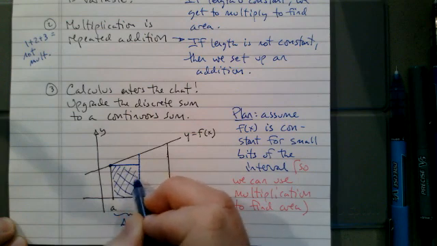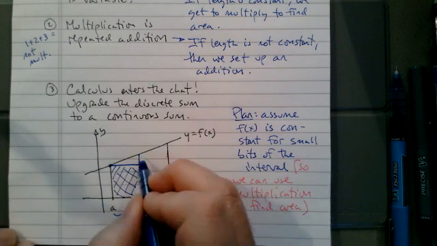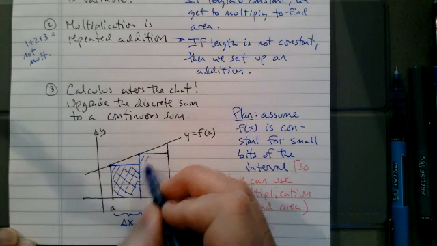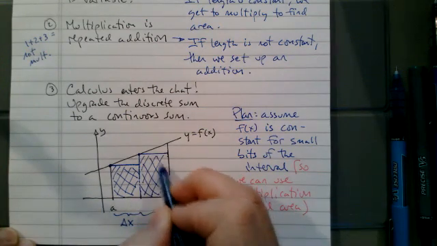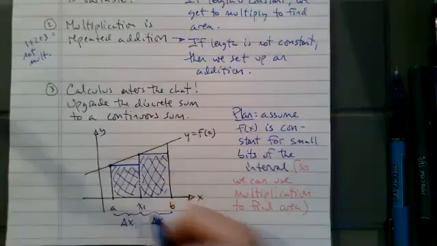Now that the length is constant for this small delta x, I get to use multiplication. And then we just do that for the next one. Now I've got these two lengths. Let's call this x1.